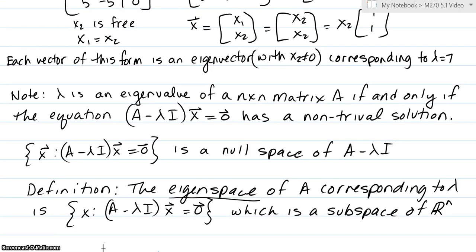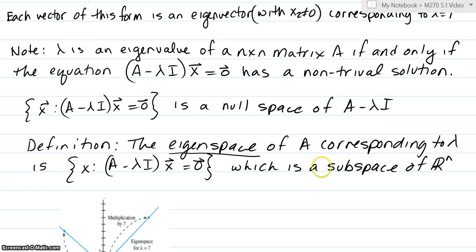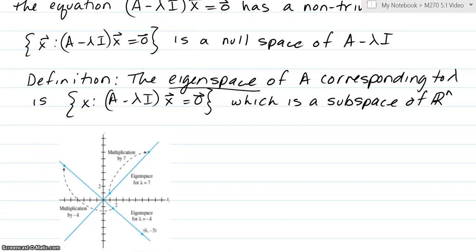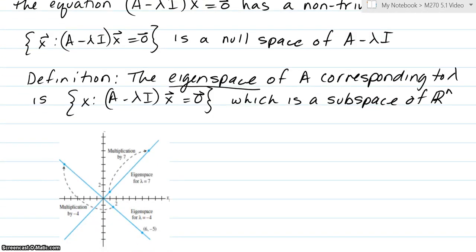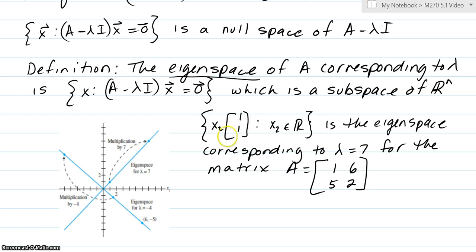We proved that before. So if we look at example 3 again, our solution was x2 times 1, 1, where x2 is in the reals. That set of all these is the eigenspace corresponding to lambda equals 7 for the matrix.